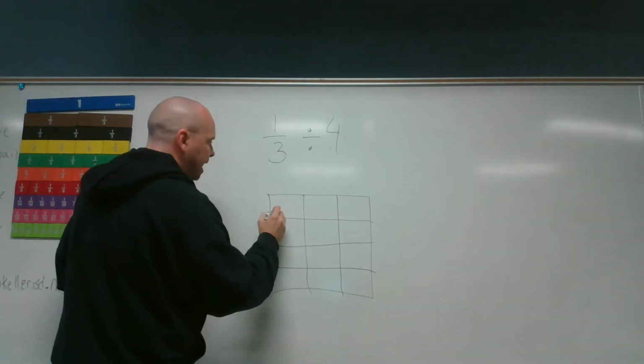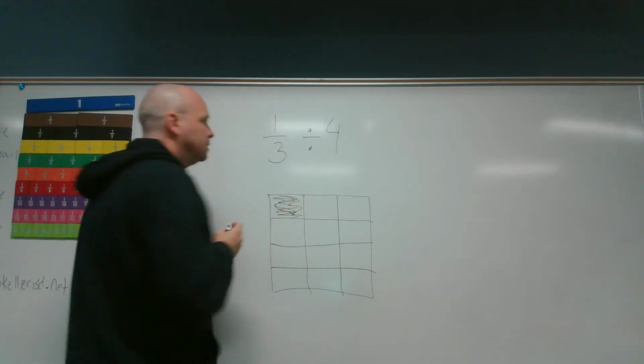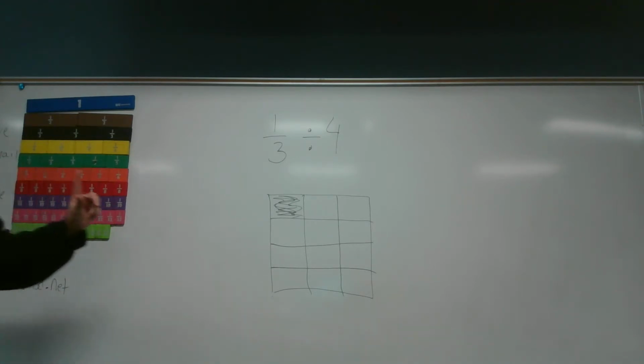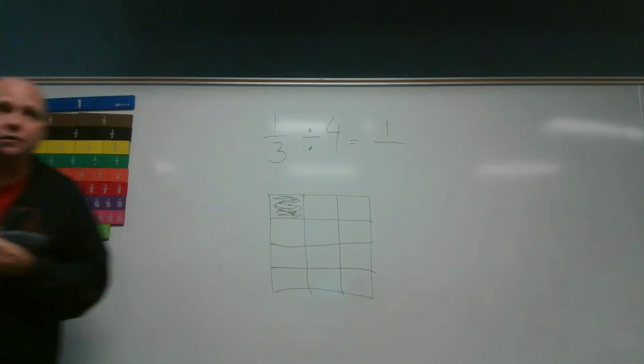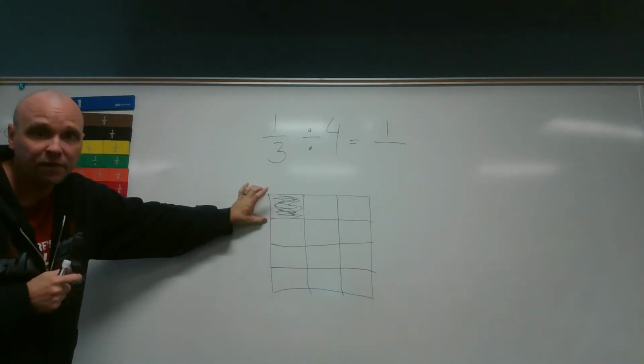What we're looking at is just one piece of that square. Since that's one piece of that square, that tells us my numerator is 1, because all I'm looking for is this one piece.